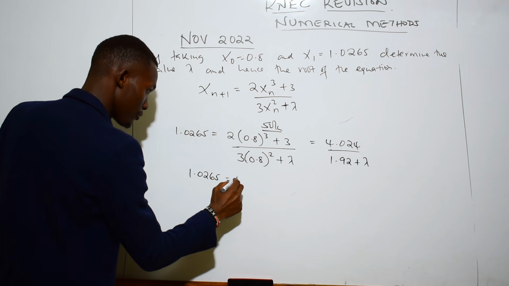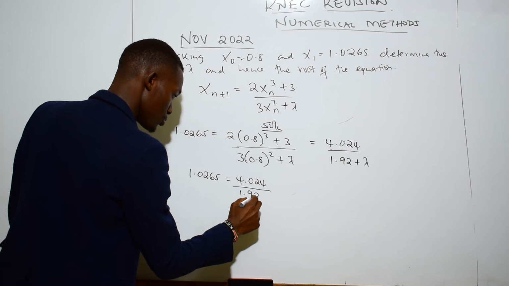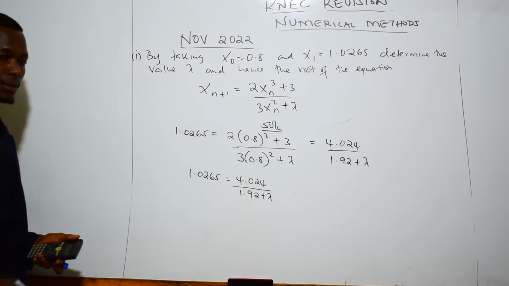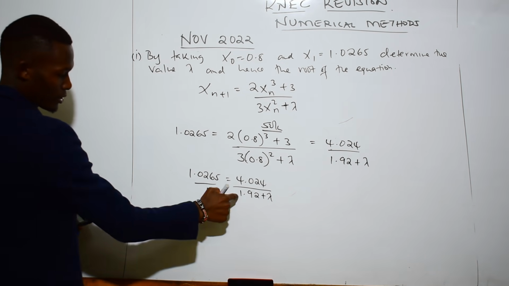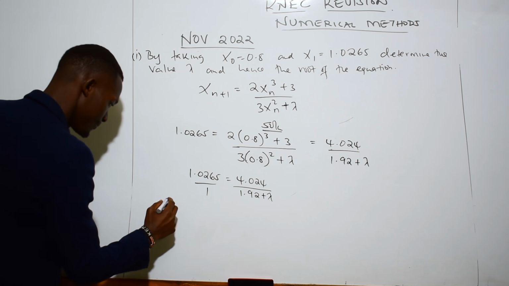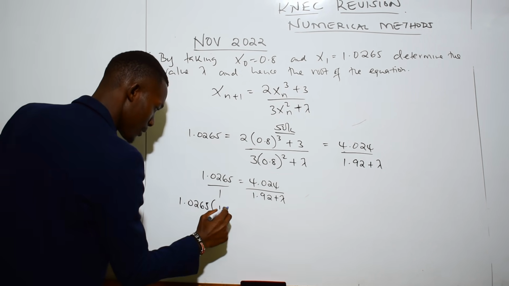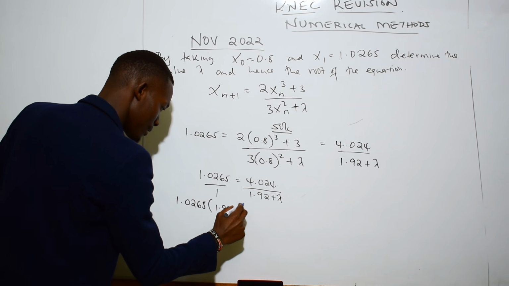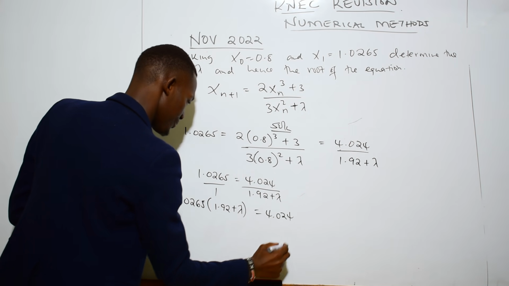So we have 1.0265 equals 4.024 over 1.92 plus lambda. Then cross multiply, so you can see this one is over 1. So this multiplies with that. So we have 1.0265, then in brackets 1.92 plus lambda, gives you 4.024.